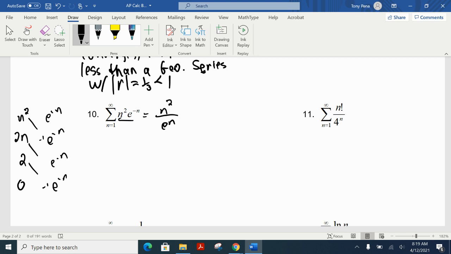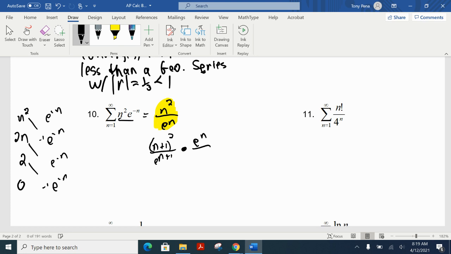The new method that's going to make this a little bit easier is the ratio test. So we're going to set up our ratio. We're going to do the n+1 term in the numerator, and instead of dividing by the original, since it's a fraction, we multiply by the reciprocal.